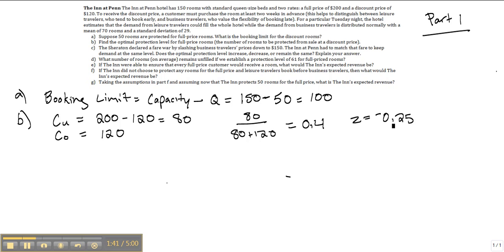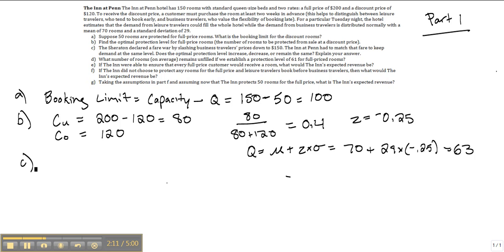Now, evaluating this in our quantity formula, which is mu plus z times the standard deviation, we know that the high-price rooms are normally distributed with a mean of 70 and a standard deviation of 29, times that z of negative 0.25, and we get an answer of 63 as the optimal protection level for full-price rooms.